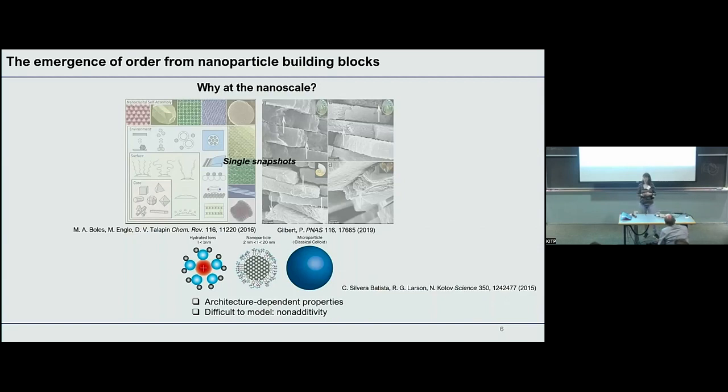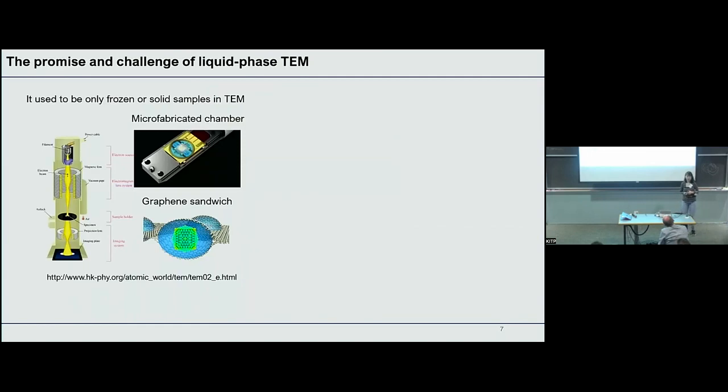They can also have multi-scale coupling effects. That's how our usage of liquid phase TEM can fill the gap. Using liquid phase TEM, you can literally take, in real space and real time, nanoparticle self-assembly movies. So you can really watch how individual nanoparticles interact with each other to form the final superlattice structure.